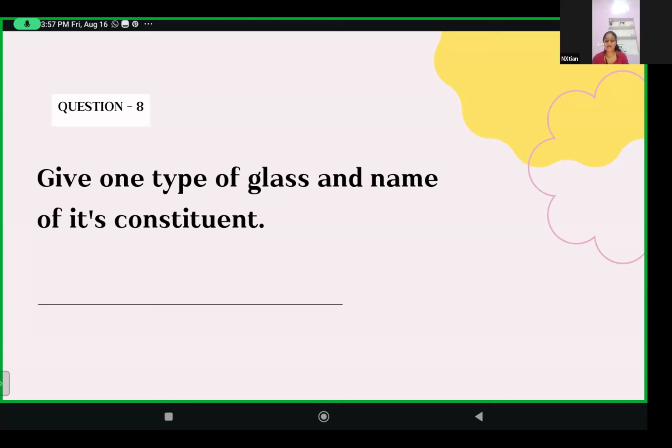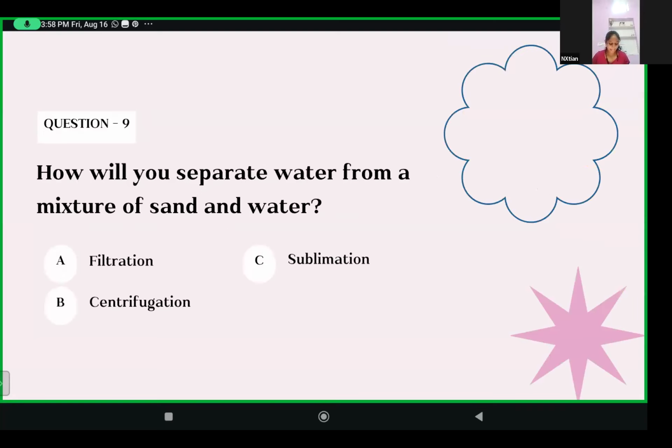Okay. Please come, Sunil. Yes. Okay. Ready, Sunil? Yes. Okay. So, first question for you, Sunil. How will you separate water from a mixture of sand and water? Sedimentation. But here it's written sublimation and centrifugation. The answer is any one from these options.